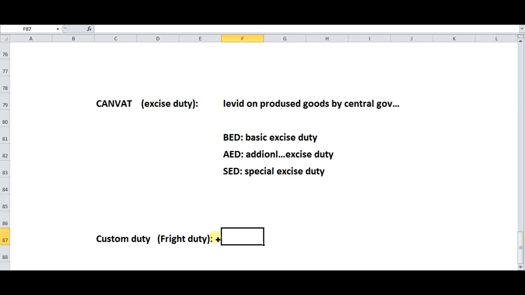Custom duty is levied on import goods by the central government. Generally, the duty is payable at the point of entry, like airport, shipyards, and border checkpost.